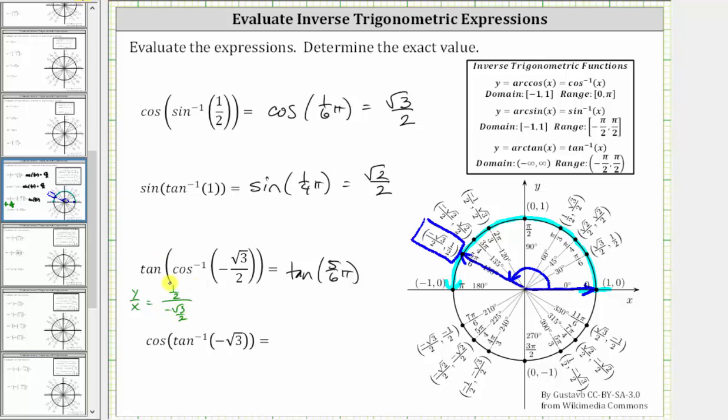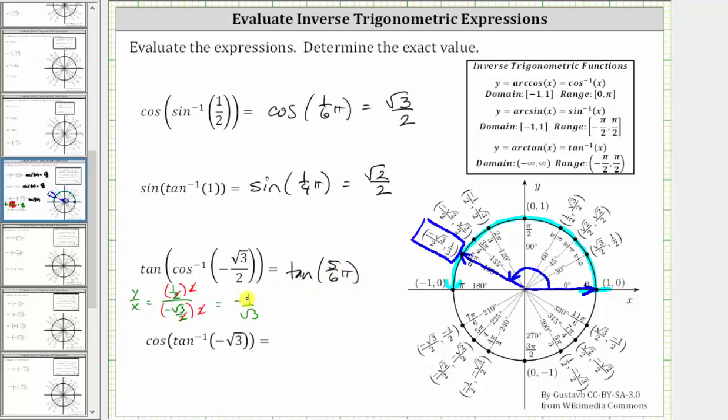To simplify, we can multiply the top and bottom by 2. Simplifying, 2 divided by 2 simplifies to 1 here as well as here. This gives us 1 over negative square root 3. If we want just negative 1 over square root 3, which is the exact value of tangent 5/6 pi radians.